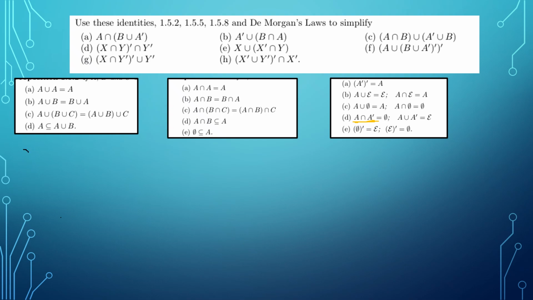All right, so this time we're doing C. Okay, and we were given A intersection B union of, well, not A in this case because of the apostrophe, and you have B.